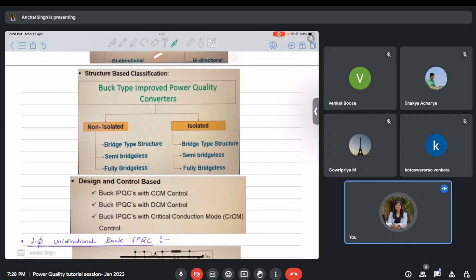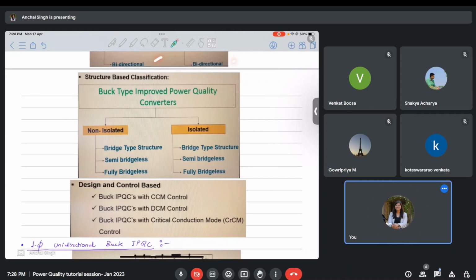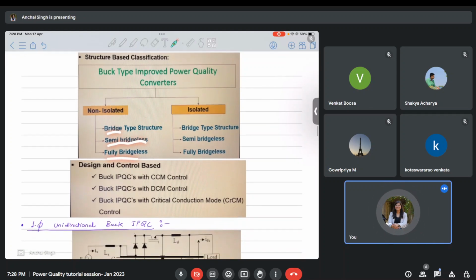On the basis of structure, I could classify them as isolated and non-isolated first of all, then as bridge, semi-bridgeless and full bridgeless. Then I can classify them on the basis of design and control. On the basis of design and control method, I could use buck IPQCs with CCM control, DCM, continuous control, discontinuous control and critical conduction mode. Okay, so these are the three conduction modes.